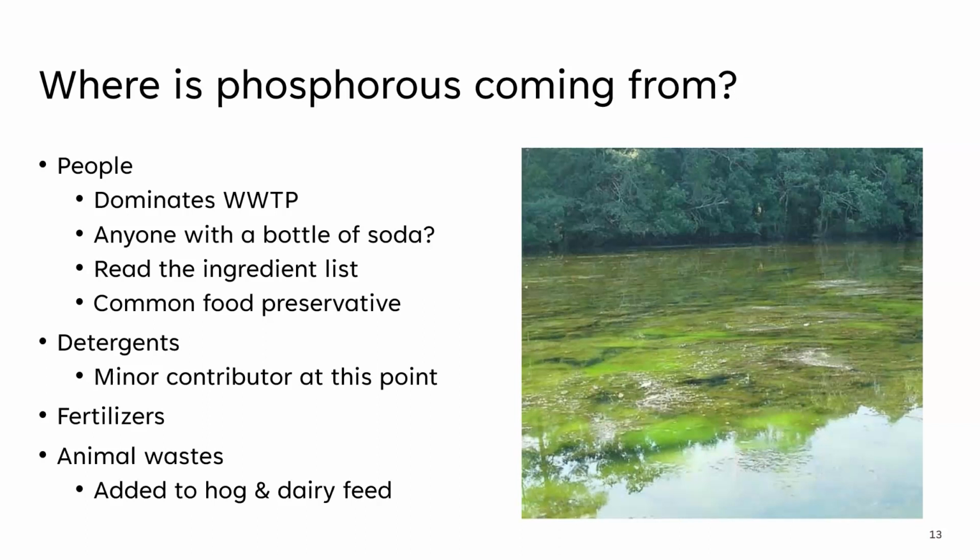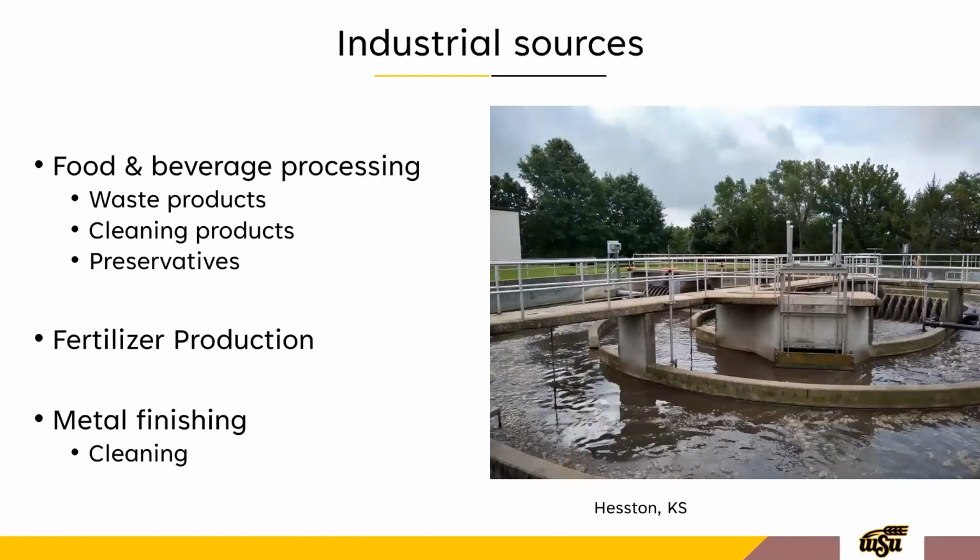To the watershed as a whole, animal waste can be a pretty high contributor of phosphorus. So depending where you are and what level of animal production there is, that can be a pretty big source of phosphorus. There are industrial sources of phosphorus that you need to be aware of.